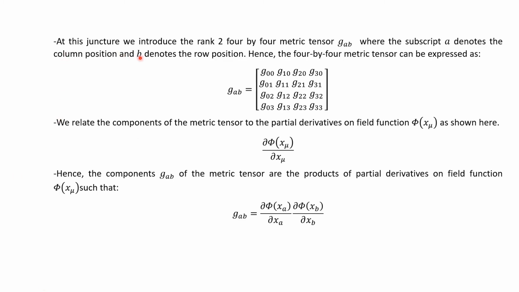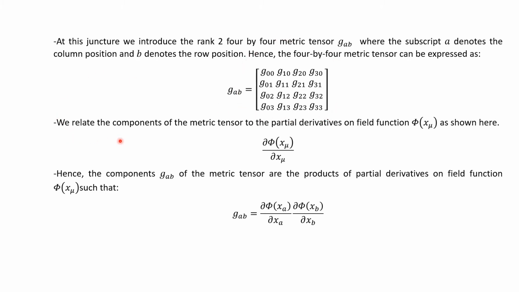At this juncture, we introduce the rank 2 4x4 metric tensor, where the subscript A denotes the column position and B denotes the row position. Hence, the 4x4 metric tensor can be expressed as we see here with its components.